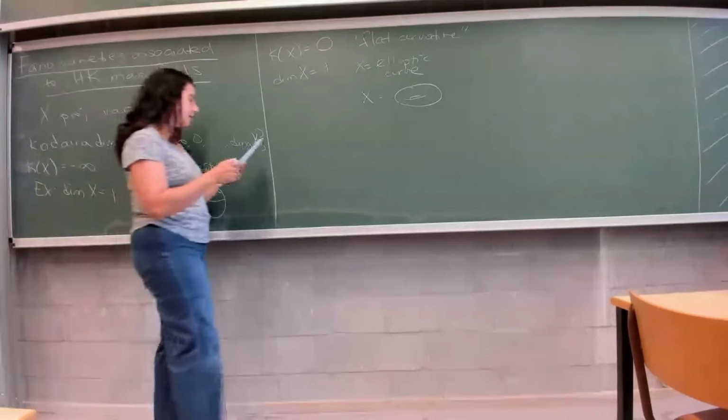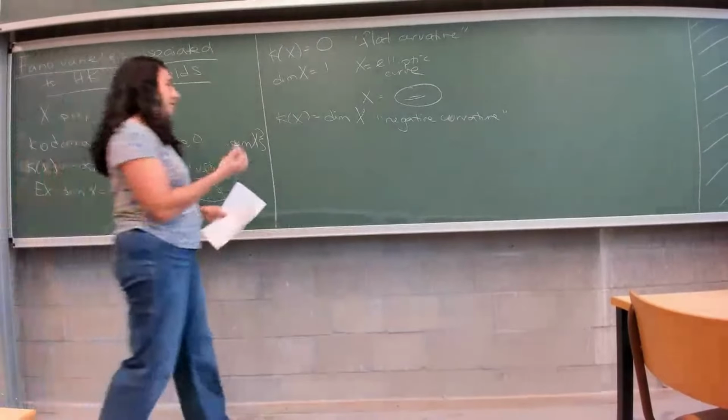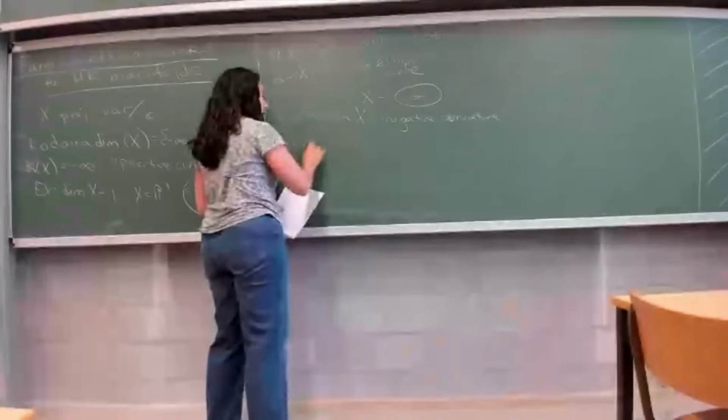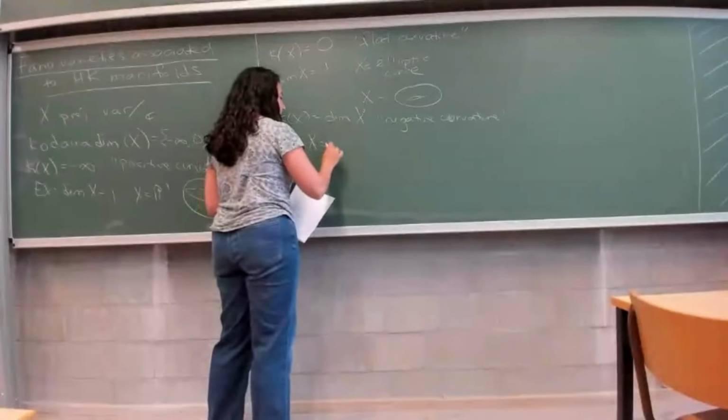And in the case of curves, this actually works formally. So if I look at the dimension of my variety being 1, it turns out that then my curve is just of genus greater than or equal to 2, right? And so topologically, I have something like this.